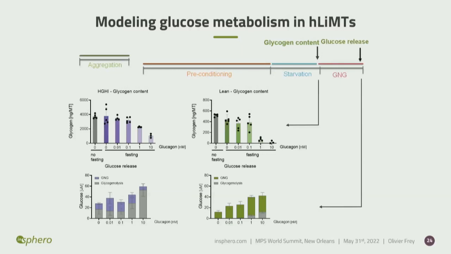On the left side, you have the disease model, and on the right side, you have the healthy model that show differences on how glucose is released depending on the glucagon that we are actually applying to the system.